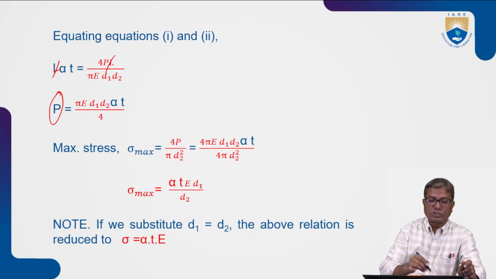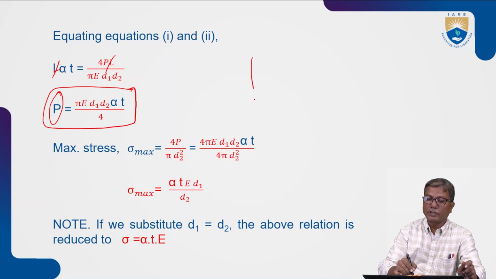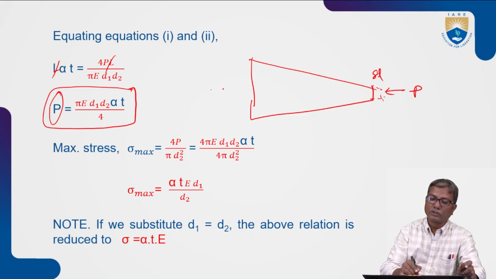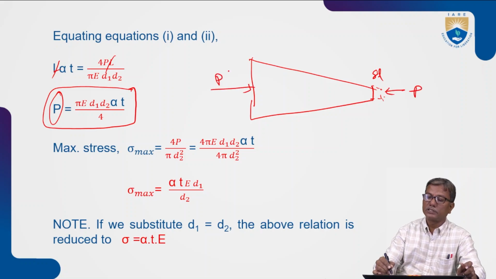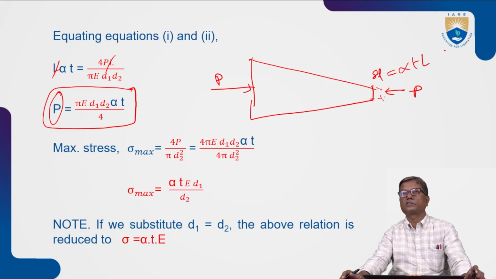So this is the force P which is required to compress a tapering bar by delta L. Here delta L is the expansion caused by the temperature.